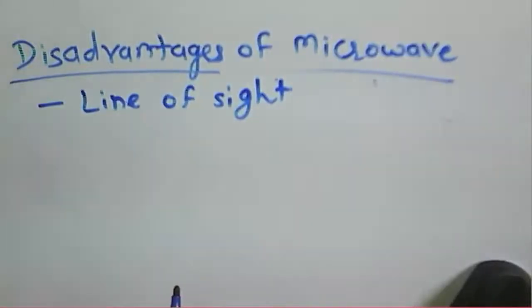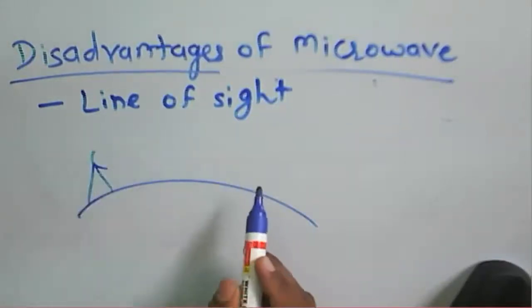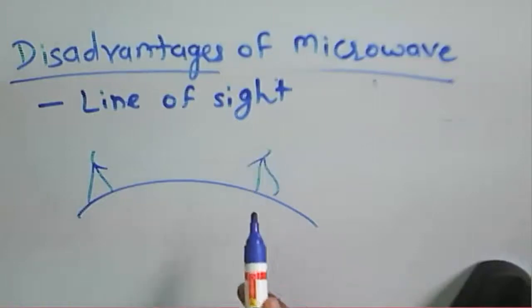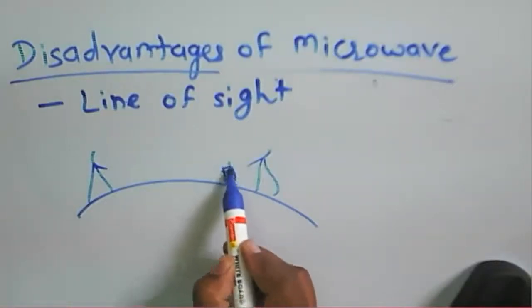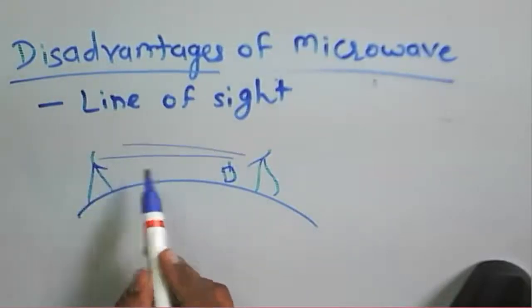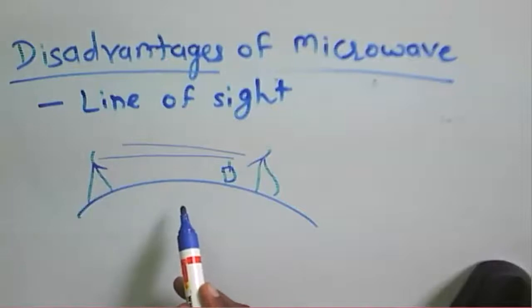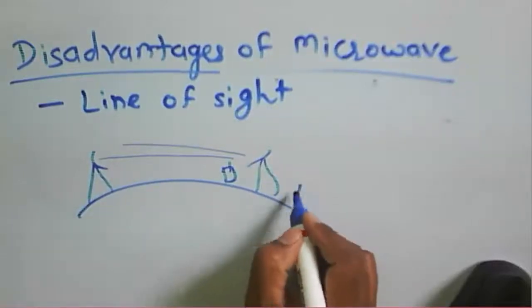When we are propagating the signal, line of sight propagation means, for example, from one tower to another tower, or from a tower to mobile users, multiple users.